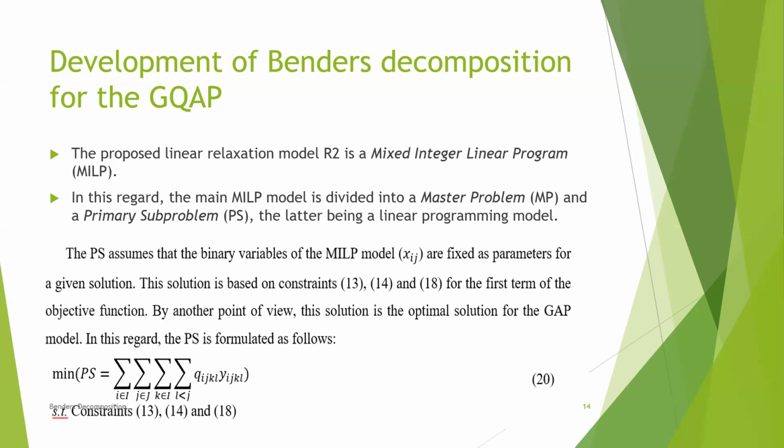Therefore, based on the fixed version of the Xij, we can solve this linear model very easily, because it only has linear constraints, and the objective function is also linear.